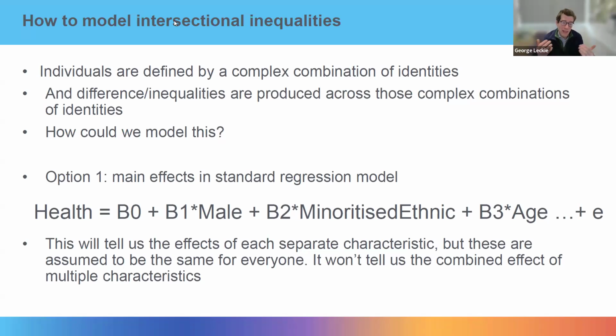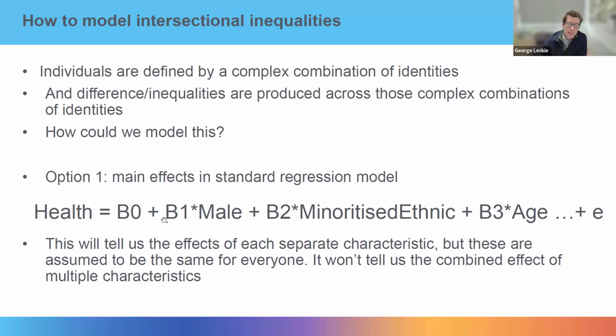We do a linear regression of that on the social identities of interest, maybe gender in this example, maybe ethnicity, maybe age, and so on. And you'd be able to estimate the main effect of each social identity having adjusted for the others. Okay, that'd be one way to start to study differences in the outcome across social identities.